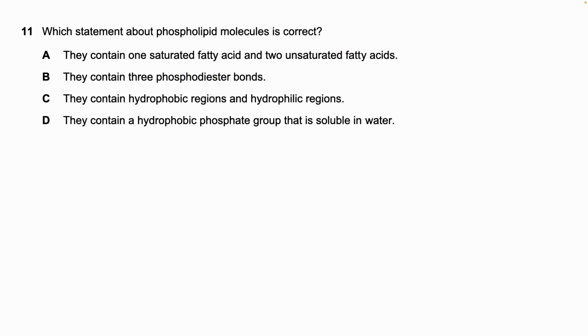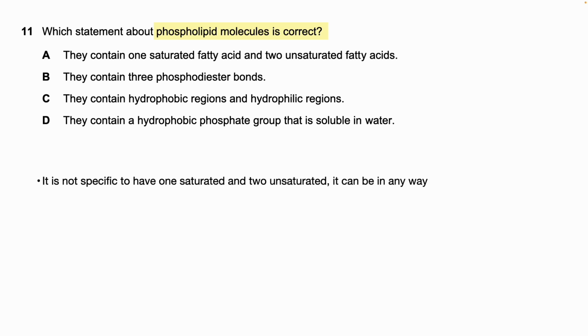11th one. Which statement about phospholipid molecules is correct? They contain 1 saturated fatty acid and 2 unsaturated fatty acids; they contain 3 phosphodiester bonds; they contain hydrophobic regions and hydrophilic regions; they contain a hydrophobic phosphate group that is soluble in water. The first statement is not specific, it can be in any way.